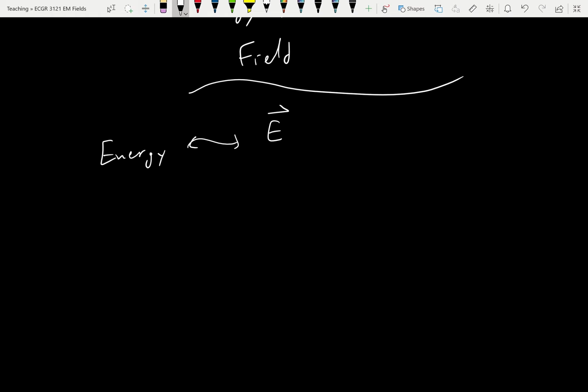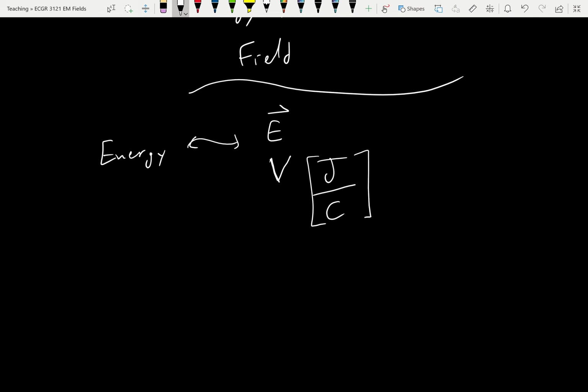We already introduced it a bit when we talked about representing the electrostatic field as a scalar field, as a potential field, right? And the electrostatic potential has units of energy per charge, joules per coulomb.